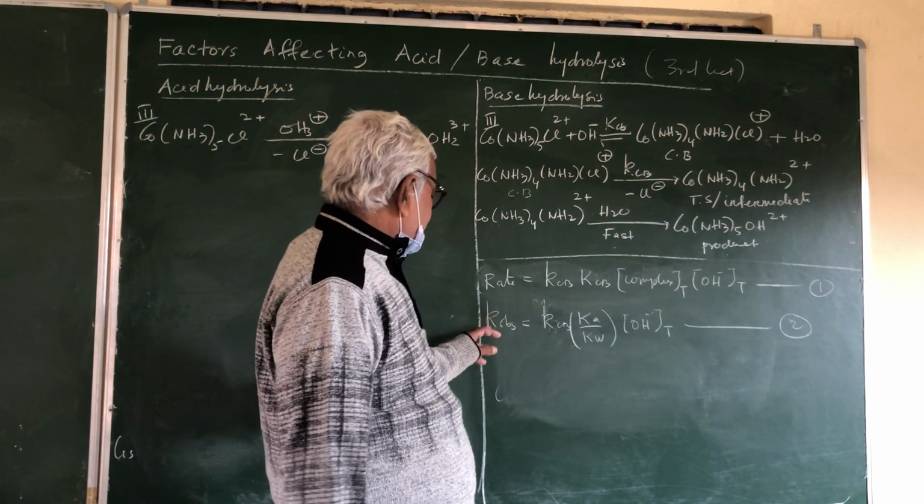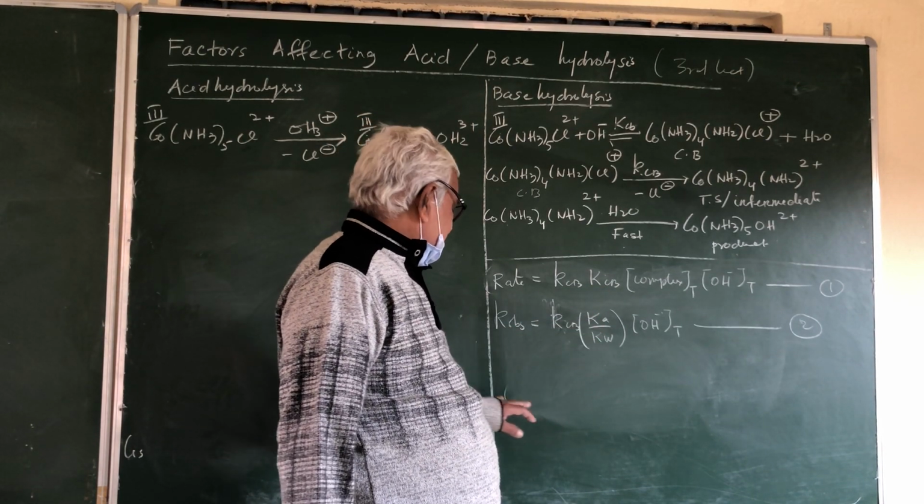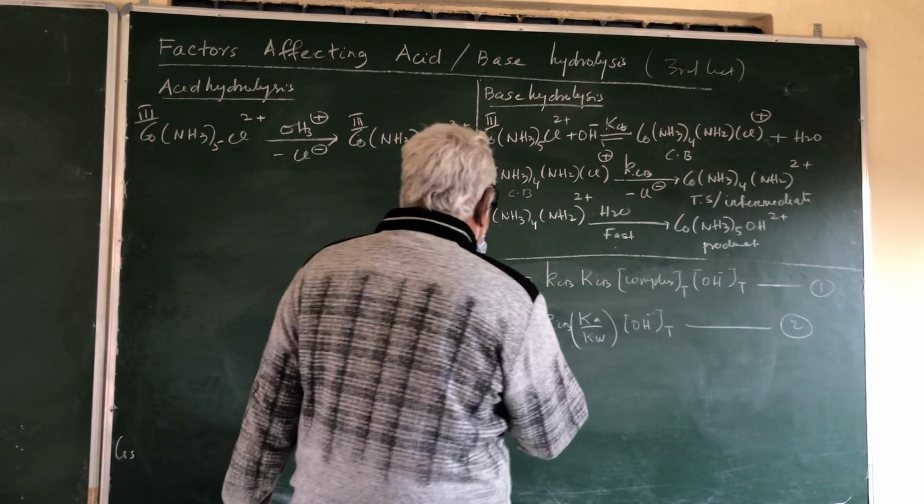So in terms of K observed, this Kcb equilibrium constant equals K. What is K? K is the dissociation constant of the NH proton.